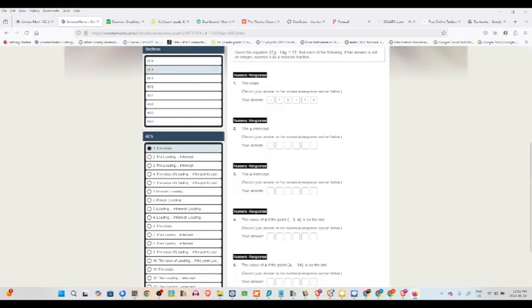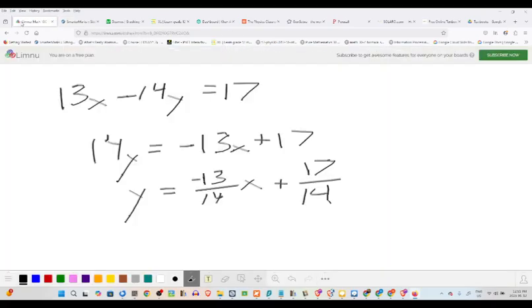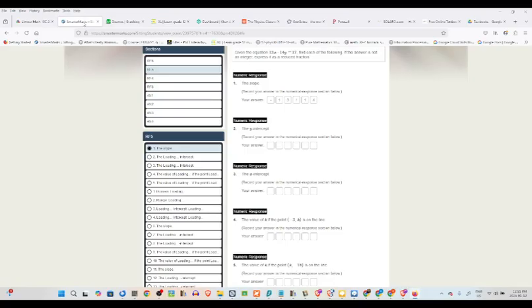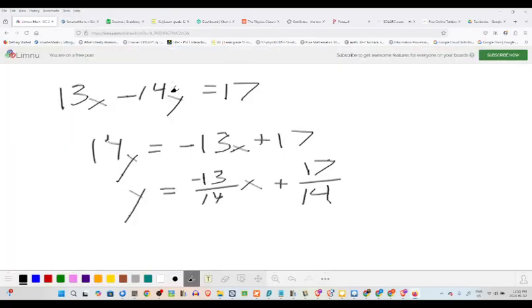We can also double check it by letting x equal 0, and now we have a different sign. Did I mess up a sign someplace? Because if we let x equal 0, y is a negative 17 over 14. And yet somehow when I did this, it's coming out as a positive 17 over 14.